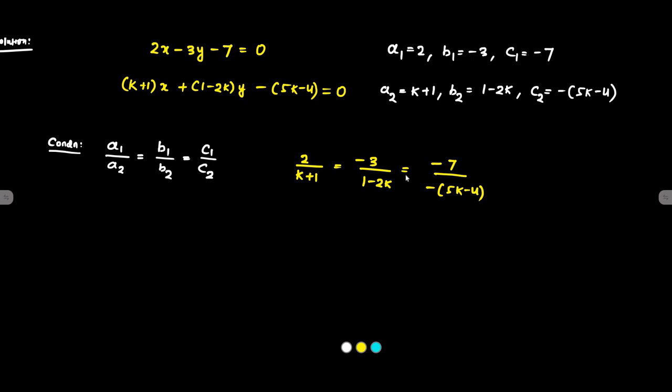So let us take the first case where we have to find the value of k. We can do it in three ways. Let's take the first comparison by equating 2 by k plus 1 with minus 3 by 1 minus 2k.